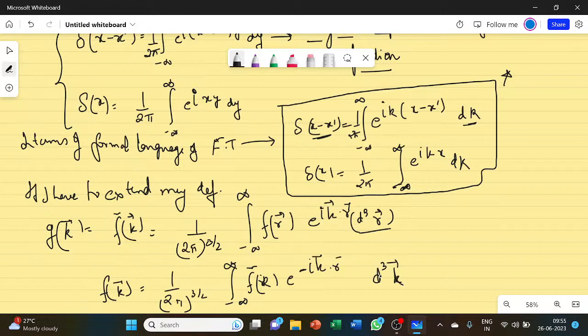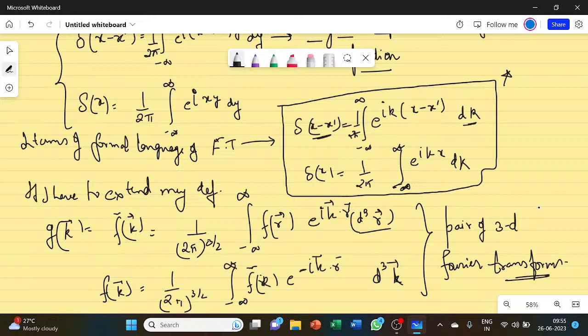Don't get confused with this, but remember, if this is positive then this will be negative, if this is positive then this will be negative. So both are Fourier transforms of each other, and they represent a pair of three-dimensional Fourier transform. I hope it is clear.